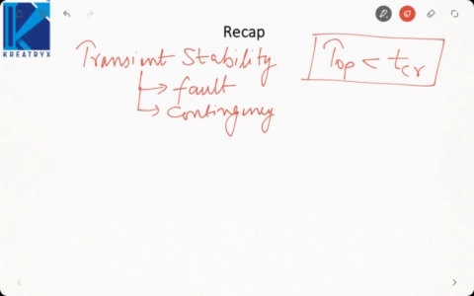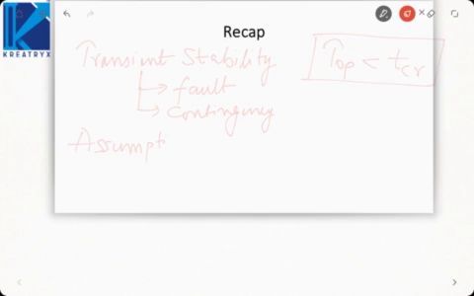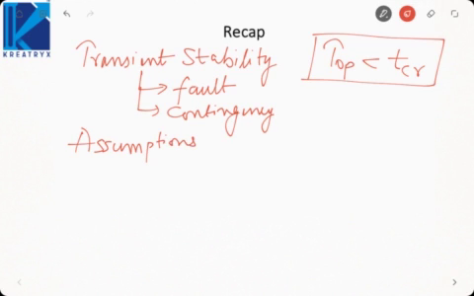Then we studied the assumptions in transient stability analysis. There I told you we have to neglect the effect of AVR and speed governor so as to do the worst case analysis and determine the stability. Then we saw power transfer, where whenever a fault occurs, the reactance changes.